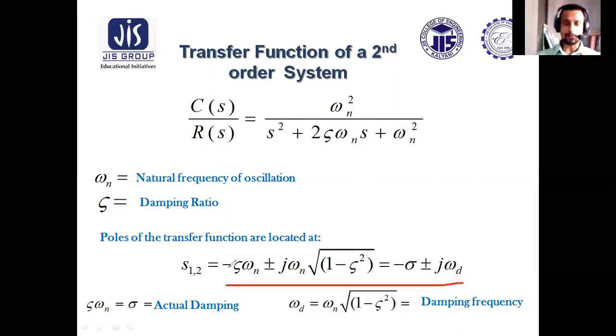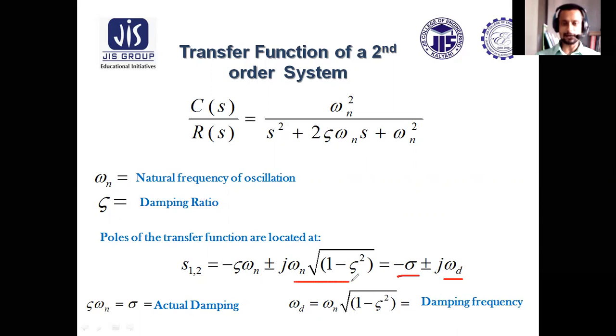So minus zeta omega n is the real part, and omega n times the square root of 1 minus zeta squared is the imaginary part. These poles are complex poles, in which the real part is denoted by sigma and the imaginary part is denoted by omega d. Omega d is termed the damped frequency.